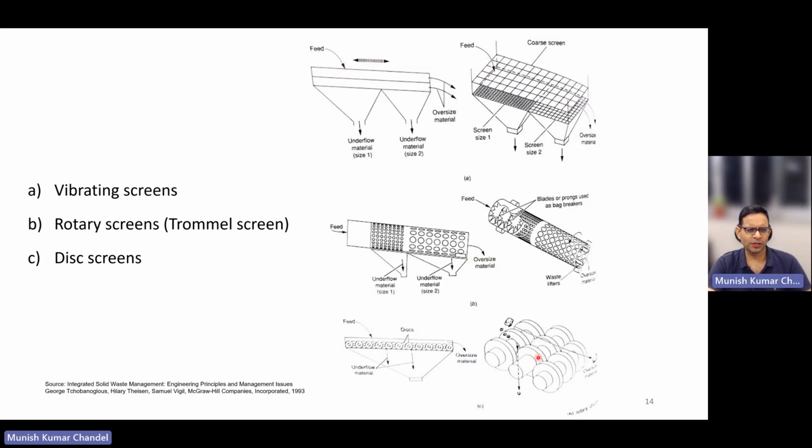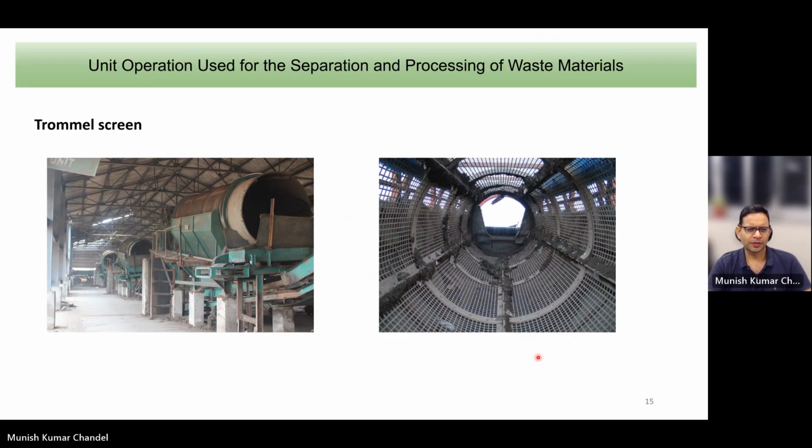So these three are used in your municipal solid waste. This is a real picture taken of a trommel screen. This is how it looks from inside, and you will see that several of these trommel screens are used, for example, here for cleaning or for size reduction after composting.